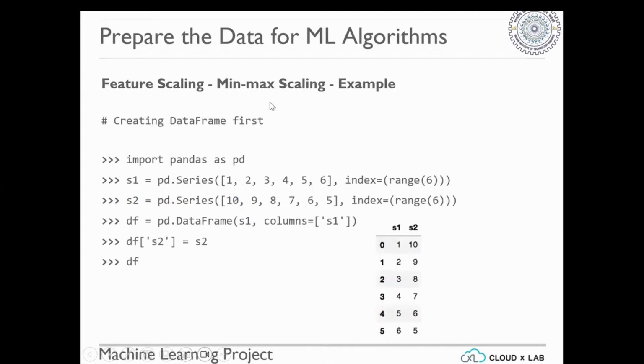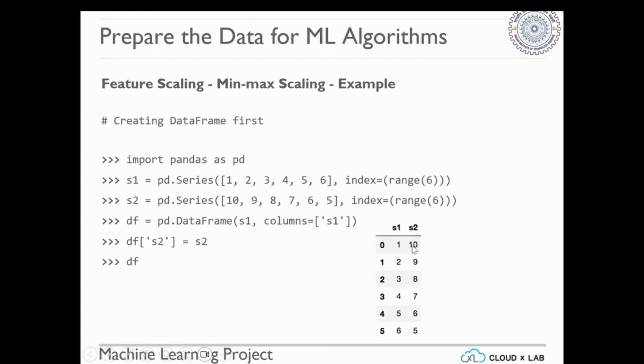Okay. So if we want to do this min-max scaling, we can use pandas. Here we are importing pandas as pd, and we are using pd.Series, and here we write the values that we want to perform min-max scaling on, right? So S1 is the first attribute: 1, 2, 3, 4, 5, 6.